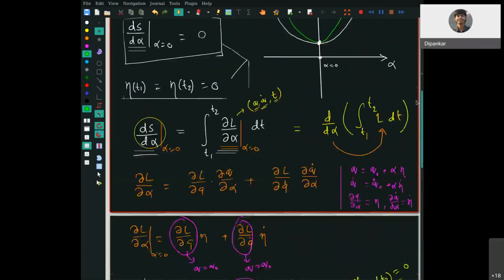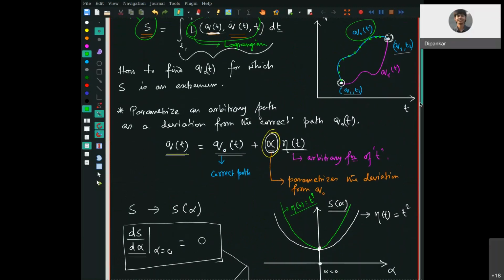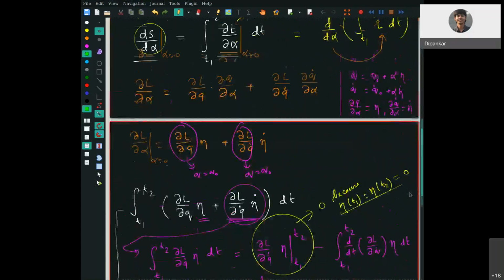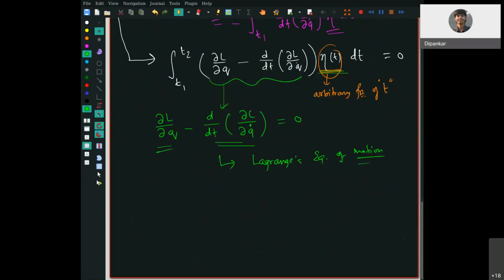And just a nomenclature: this s is called the action, and this L is called the Lagrangian function for the system. These are just some nomenclatures that will be handy along the way.